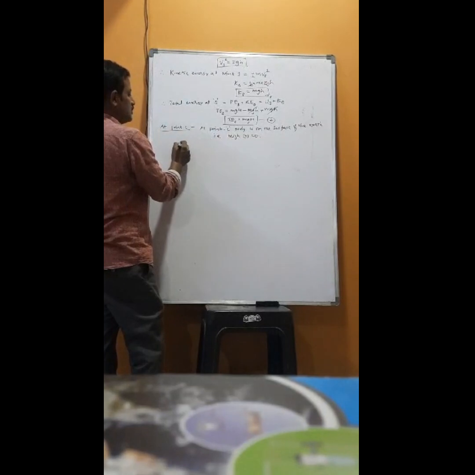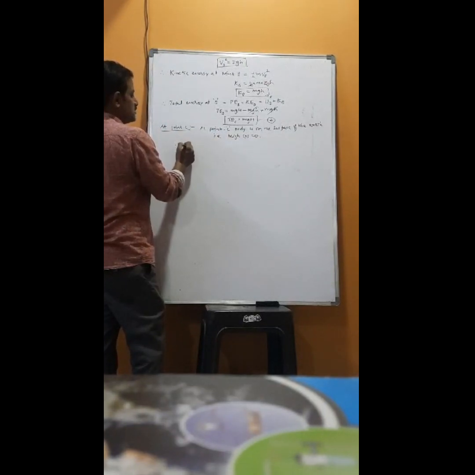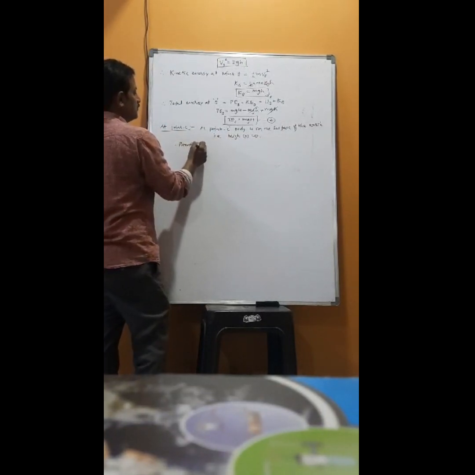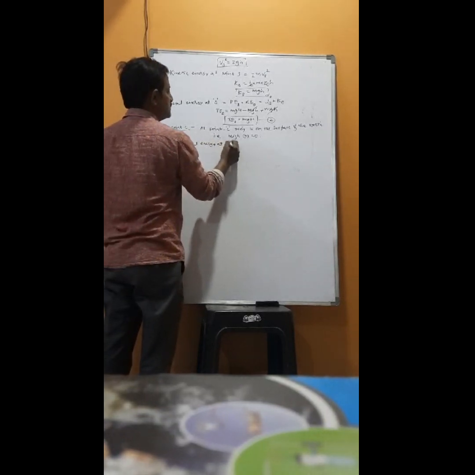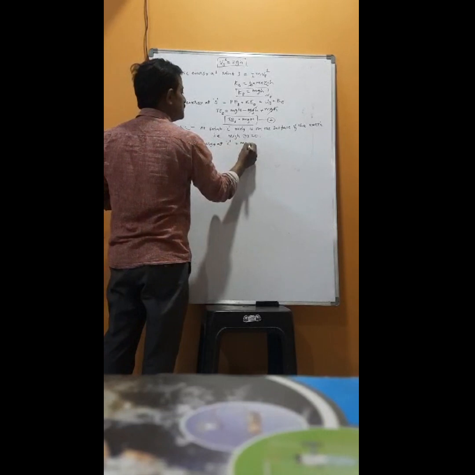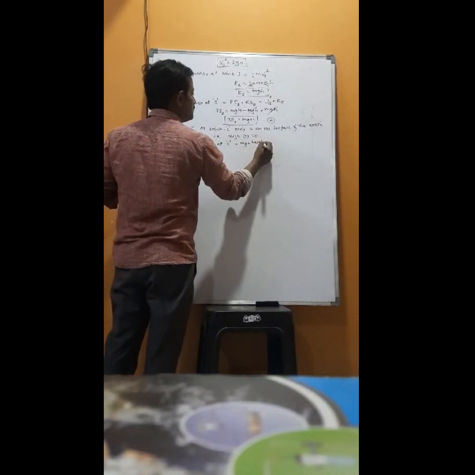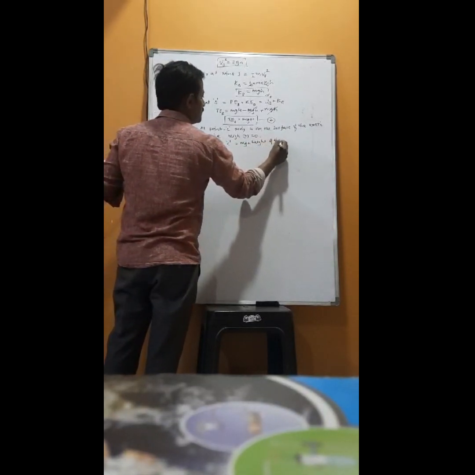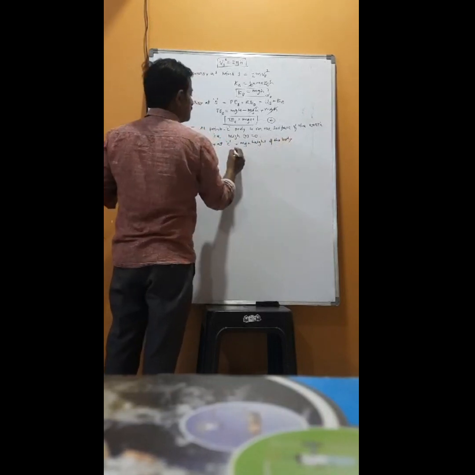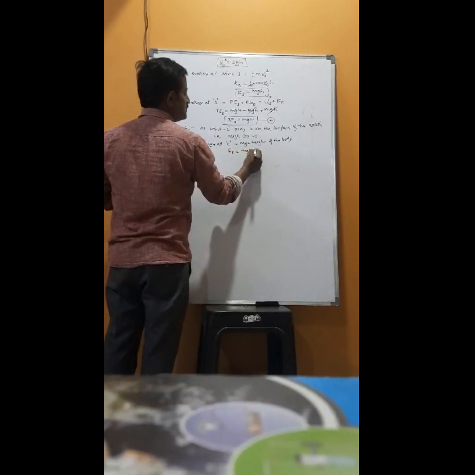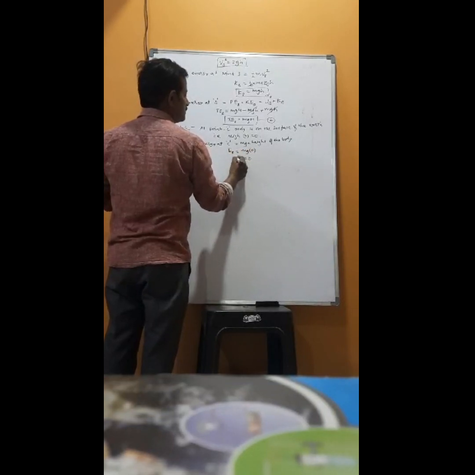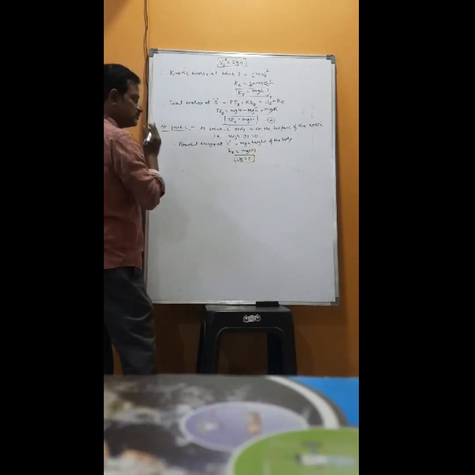Therefore, potential energy at C is equal to mg into the height of the body. Potential energy U at C is equal to mg into 0, so U at C is equal to 0.